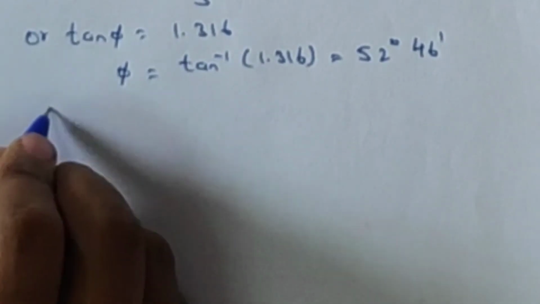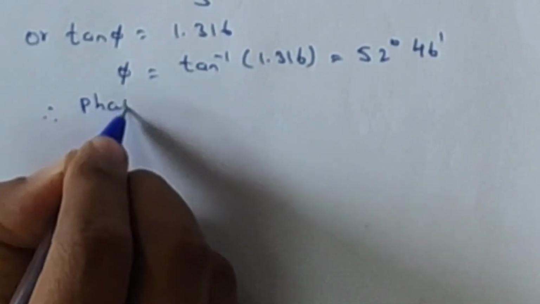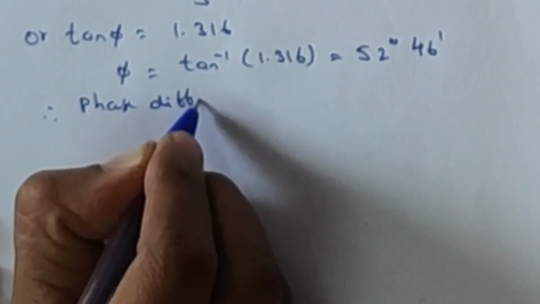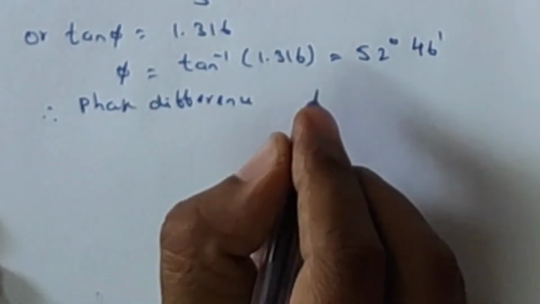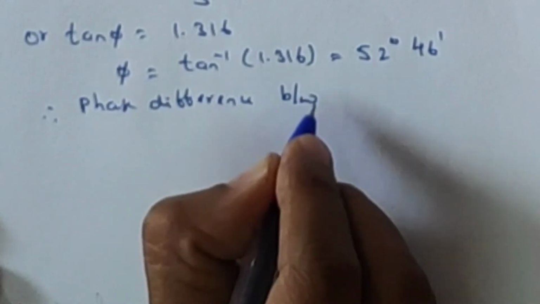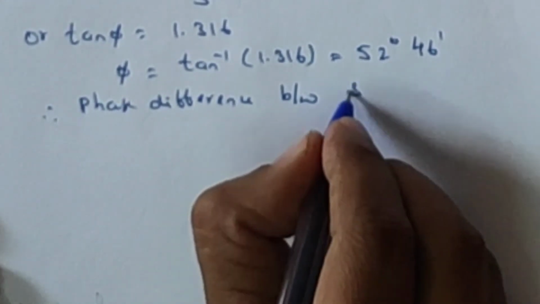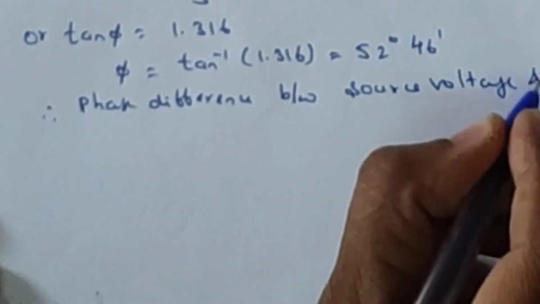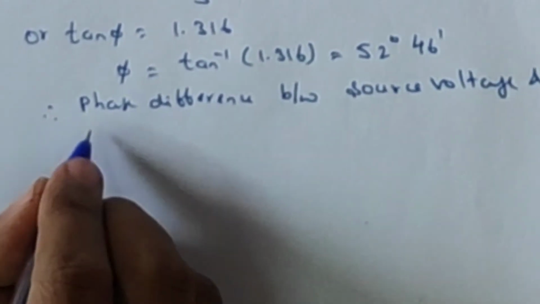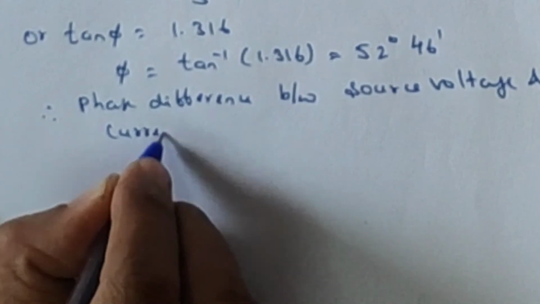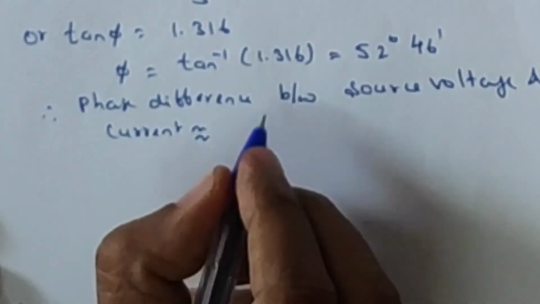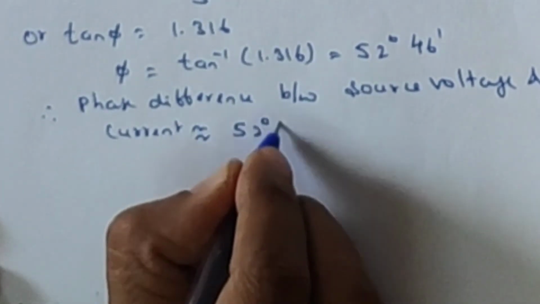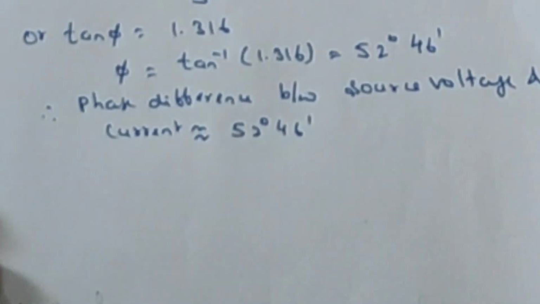Therefore the phase difference between source voltage and current is nearly equal to 52 degree 46 minute.